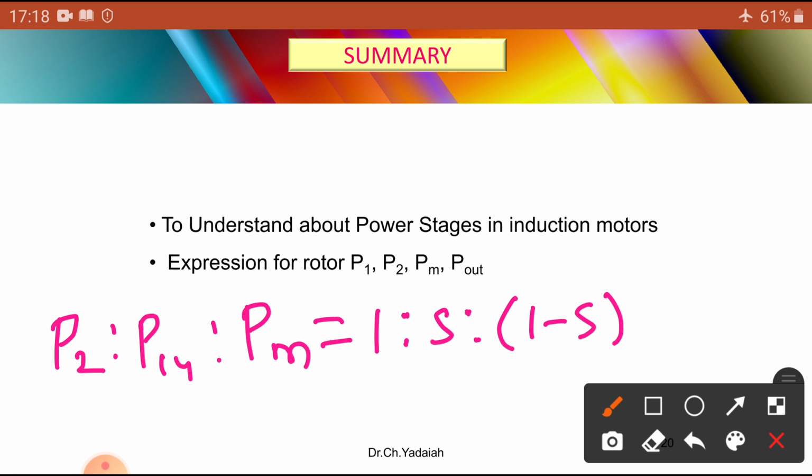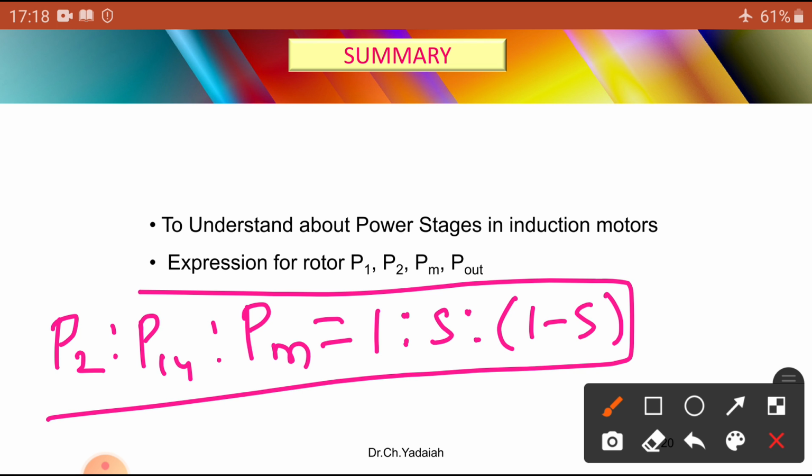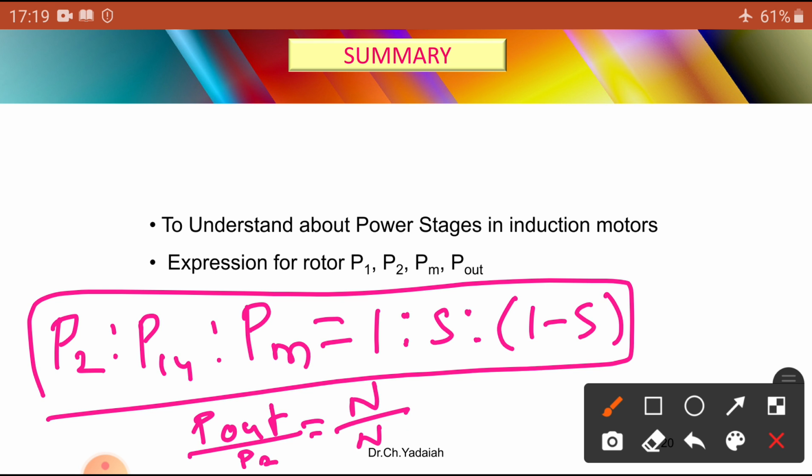With this, if you know this, we can do everything, and at the same time we can also calculate the efficiency of the rotor. P out by P in, that is P2, can also be written as N by Ns. So, from this we are going to solve simple problems.